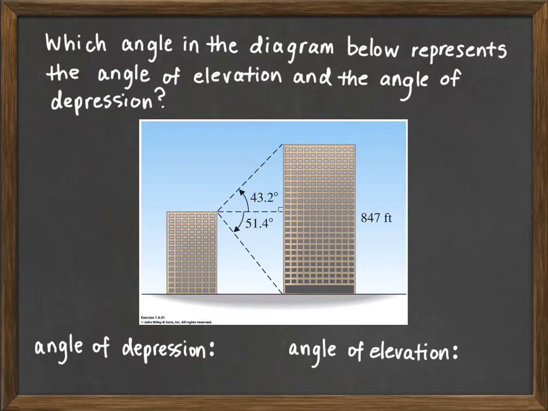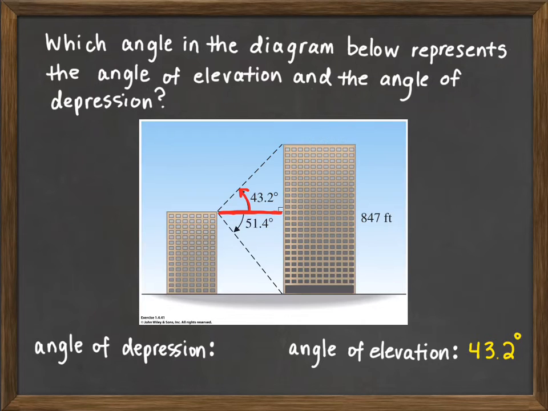So the first question to ask ourselves is, what is the horizontal that we're using? In this situation, we are using the horizontal right here, this line that I'm indicating in red. And so because of that, the angle that's measured upwards from the horizontal here will be the angle of elevation, and that's going to have a measure of 43.2 degrees.